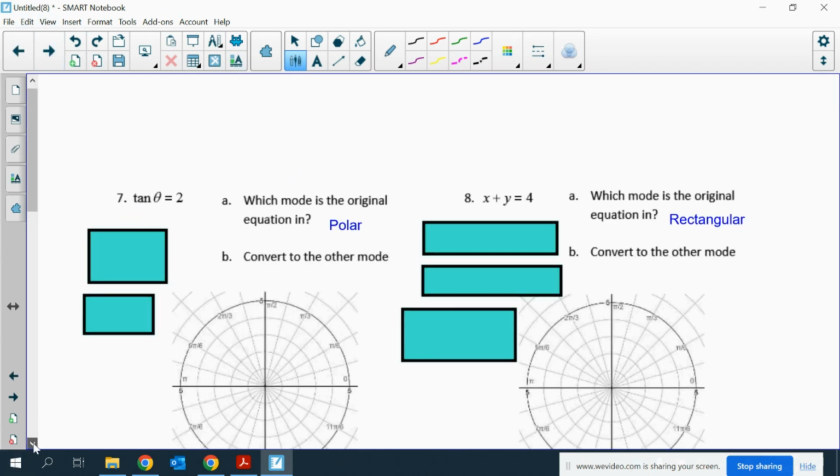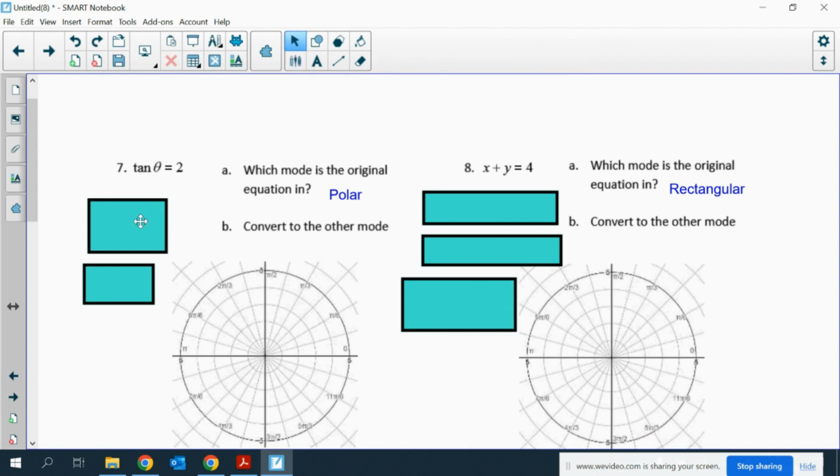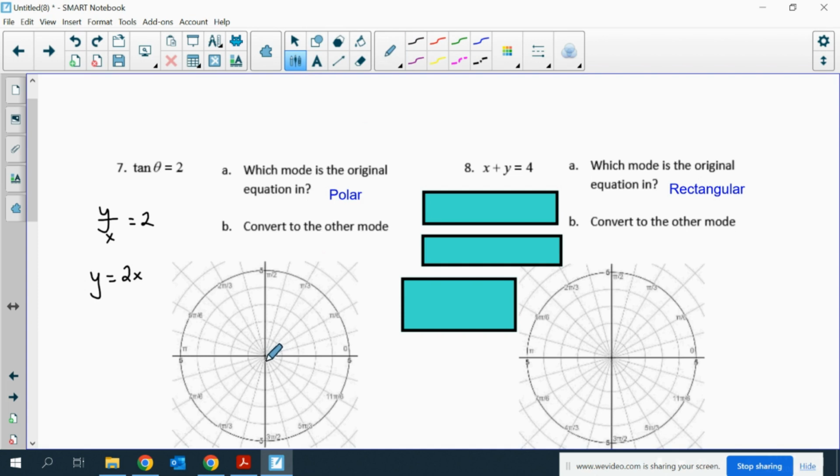Number 7 and 8. So number 7, tangent of theta equals 2. It's actually probably easiest to just rewrite tangent of theta as y over x. So I see the line y equals 2x. So if I plot this, I go up to over 1, up to over 1.